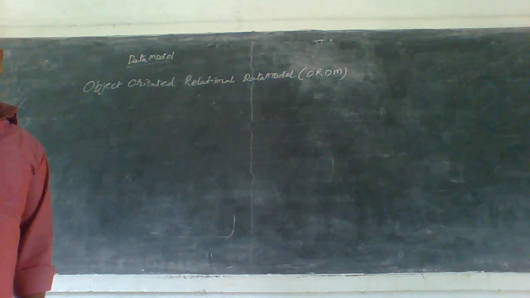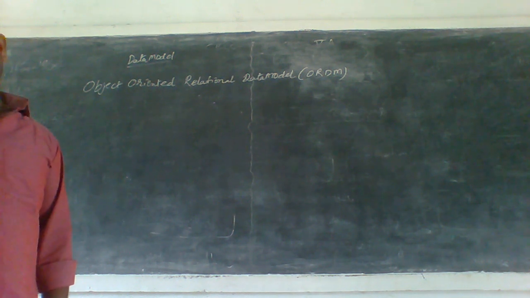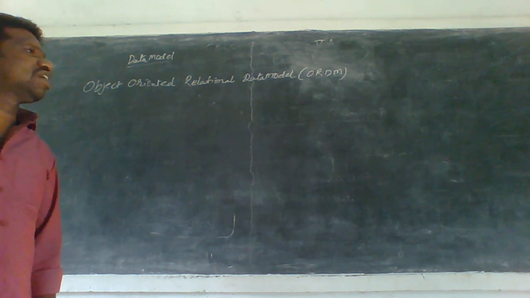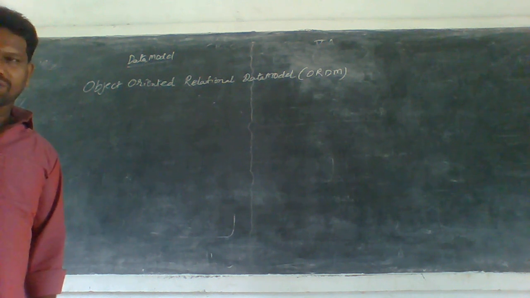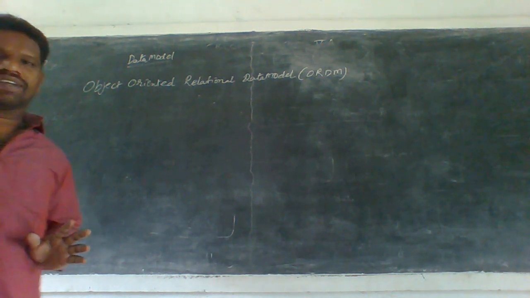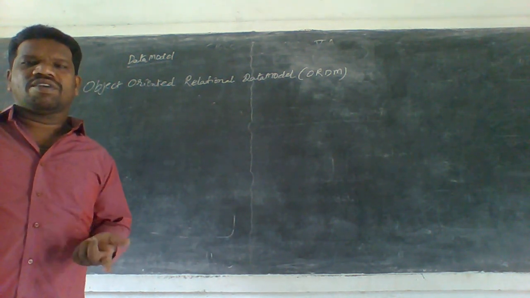The diagram represents the object oriented data model in the format of UML diagrams. UML means Unified Modeling Language. In that we have to take three tables: student, faculty and subject, using the UML diagrams.